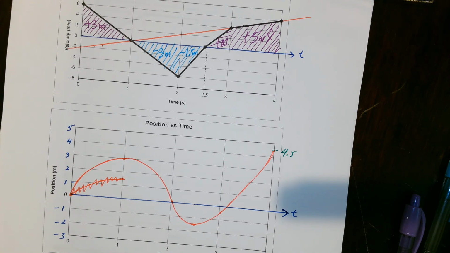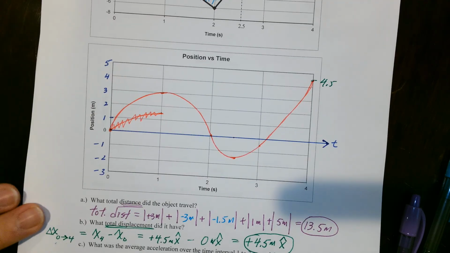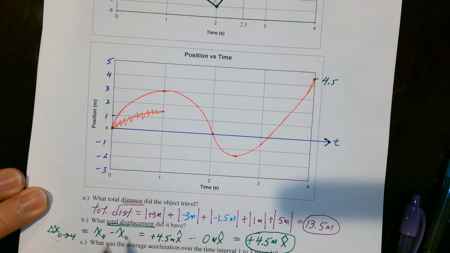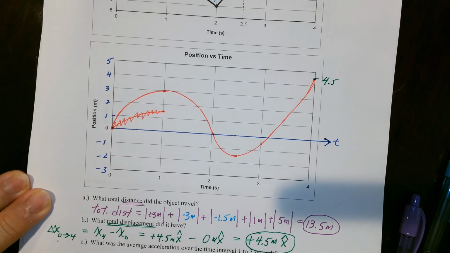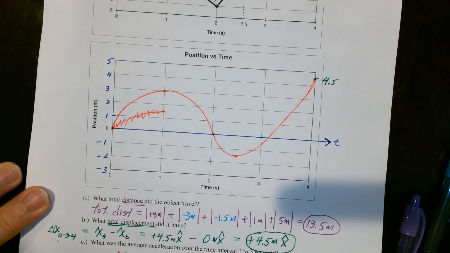So how do you find the slope of the secant line? So acceleration from 1 to 3 seconds is equal to, right, change in velocity over change in time.